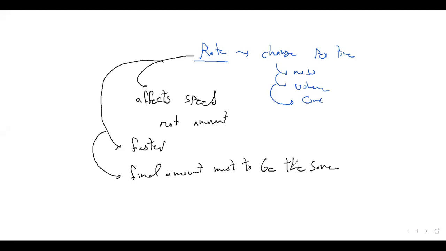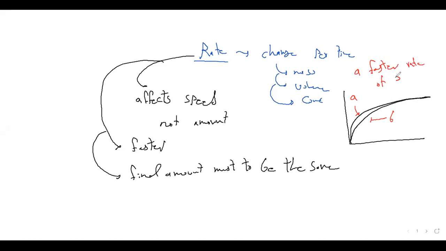You must concentrate with me. For example, if I have two reactions, A and B, we can say that A has a faster rate of reaction than B, okay?